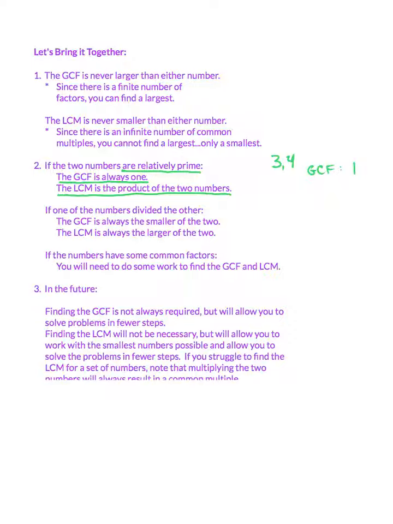There's no overlap. And so our LCM, we have to include all the factors of both numbers. So if we multiply 3 times 4, we get 12. And that was what we came up with for our least common multiple.